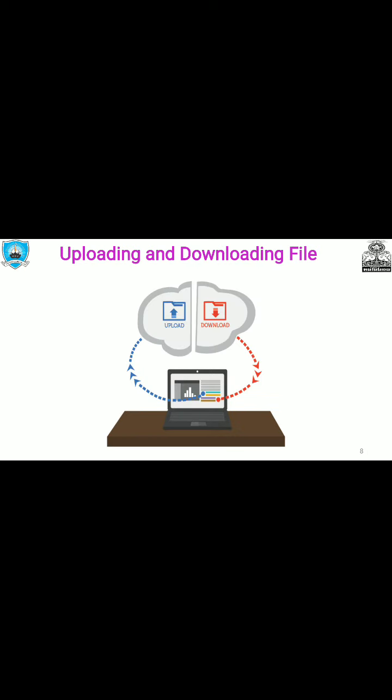Now, what is uploading and downloading a file? First of all, let us see what is uploading. Uploading means transmitting data from one computer system to another. And downloading means receiving data from a remote system.